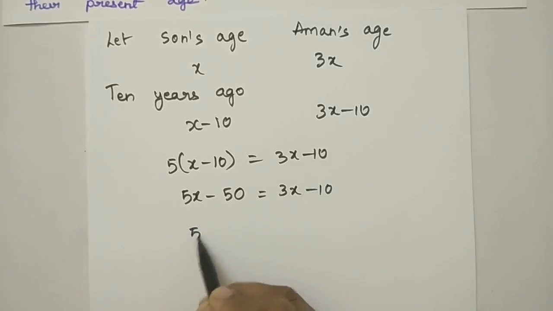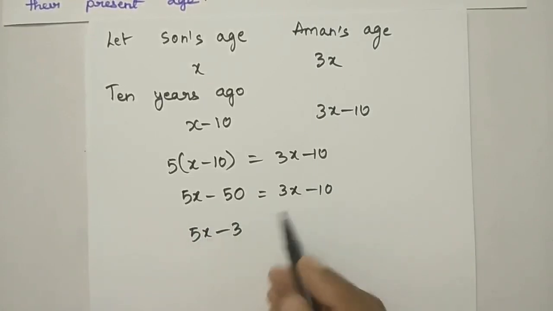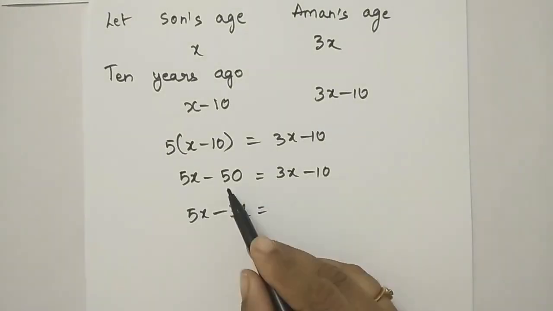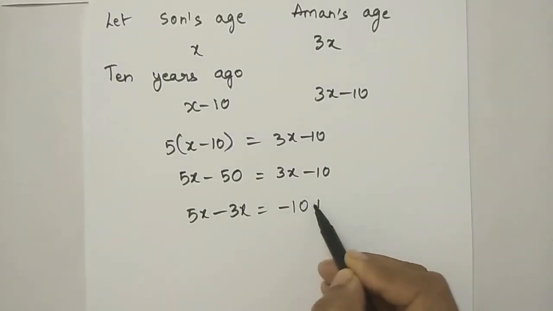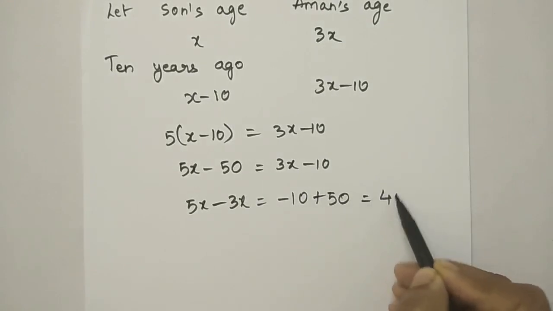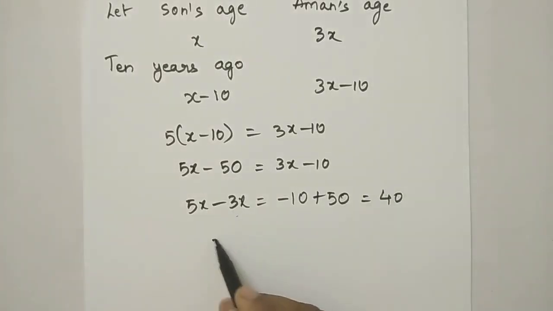Bring 3x to the LHS to bring the coefficients of x to one side, and the constant terms to the RHS. So 5x minus 3x equal to minus 10 plus 50. This minus 50 going to the right-hand side becomes plus 50. So this is equal to 40. So 2x equal to 40.